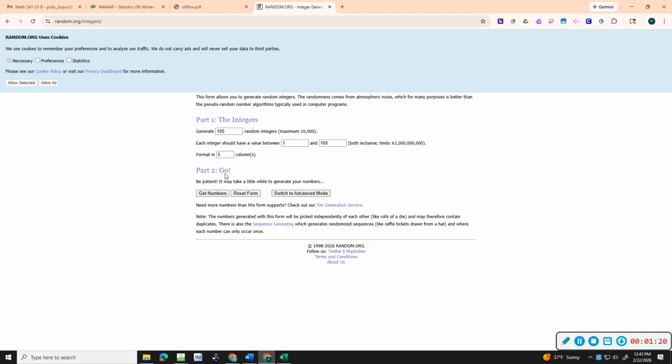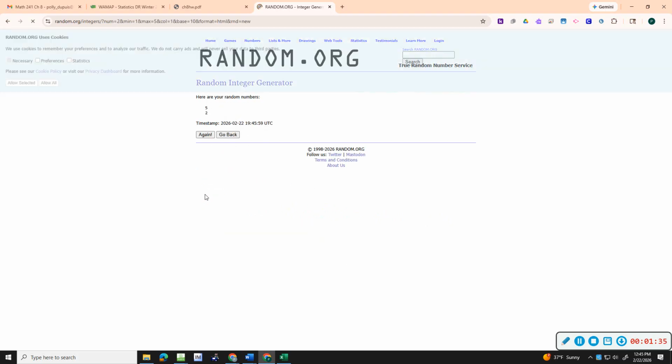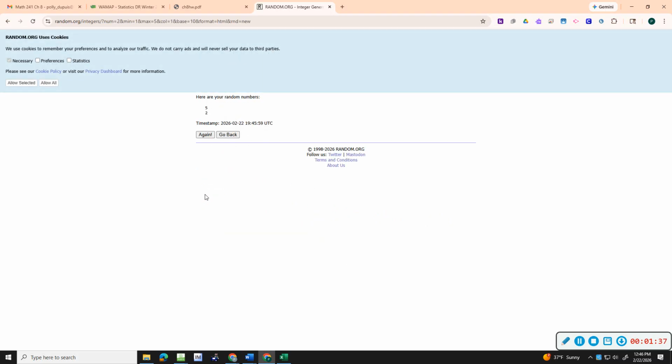So I'm going to generate 2 numbers between 1 and 5, and I'm just going to put it in one column. So here are my first numbers, 5 and 2. So my sample is 5 and 2, so I'm putting that on my document here.